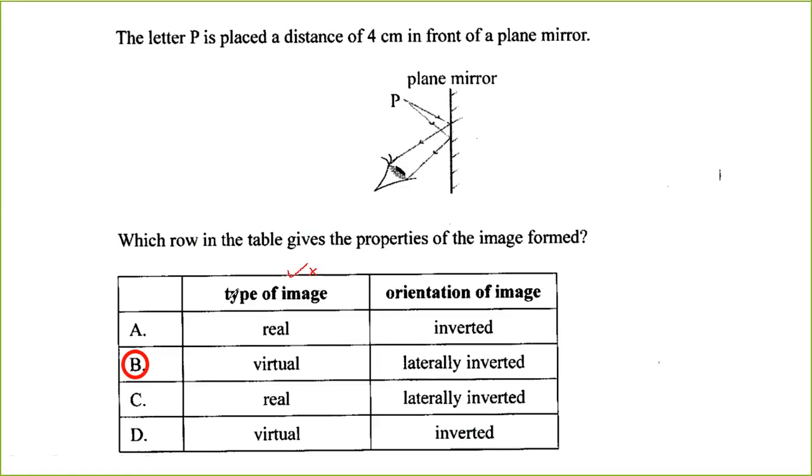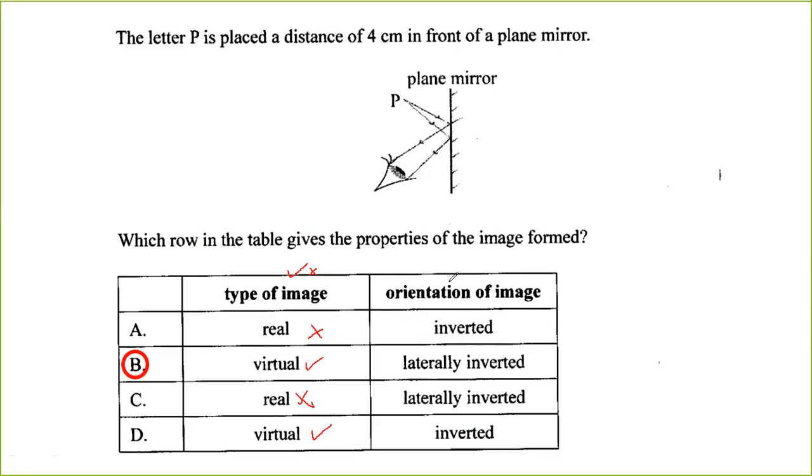So for a type of image, we know that for plane mirrors, the type of image is virtual, not real. So I'm going to put a check next to all the virtuals and an X next to all the reals, okay? If you're a person like me, I can't juggle too many things in my brain at once. So I like to do things systematically, okay?